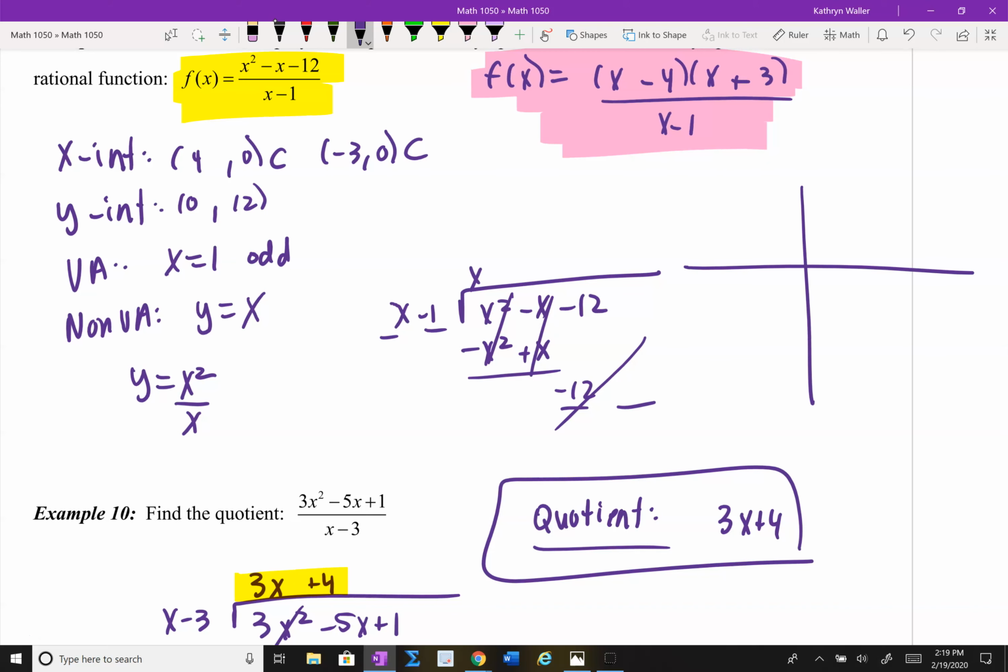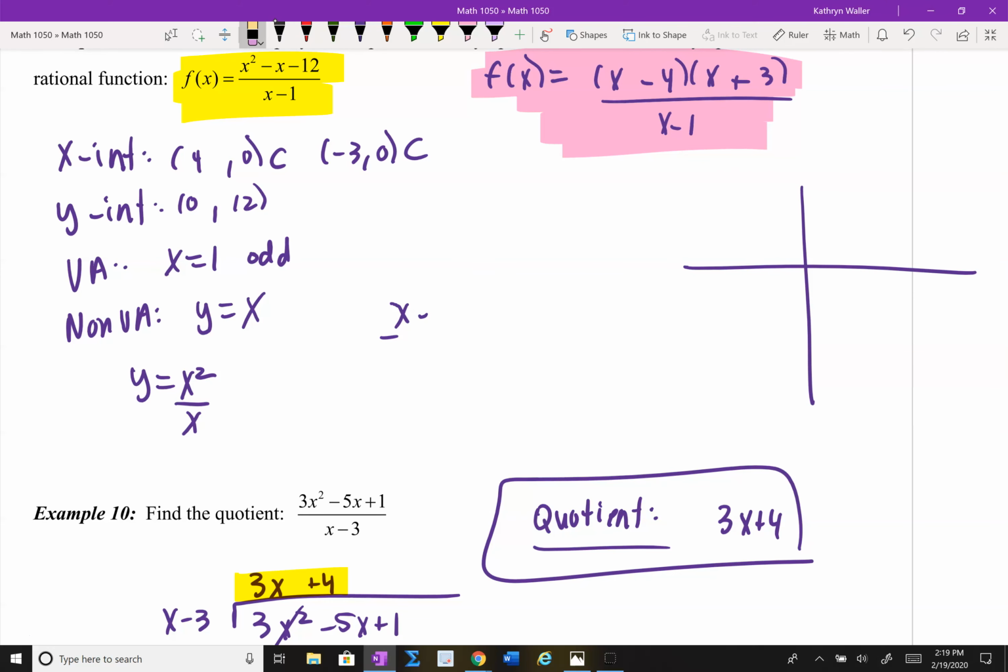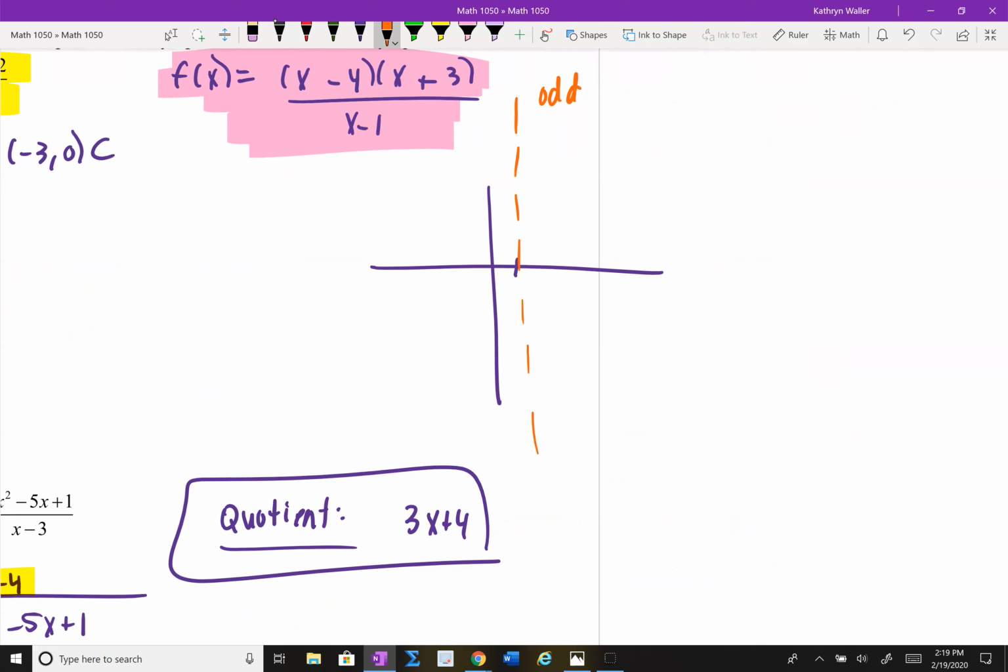I always graph asymptotes first because it sets me up. So x equals 1, come over here, put a mark, dash it. At the very top, put odd. How many pieces to my graph? 2 pieces. The graph y equals x looks like this.